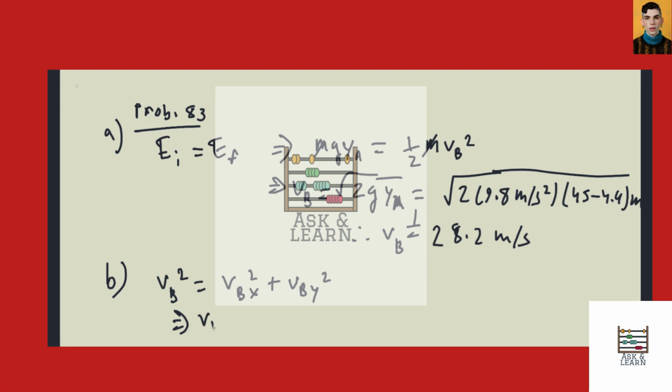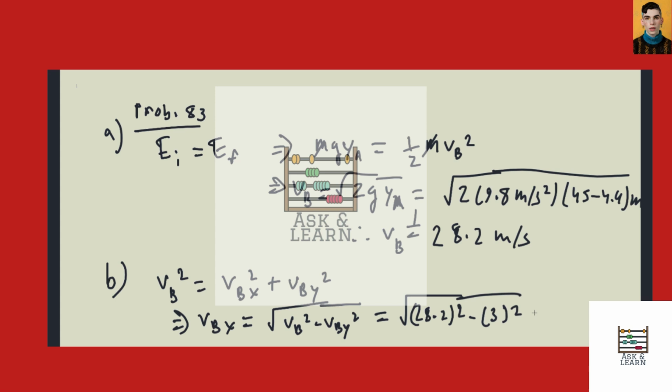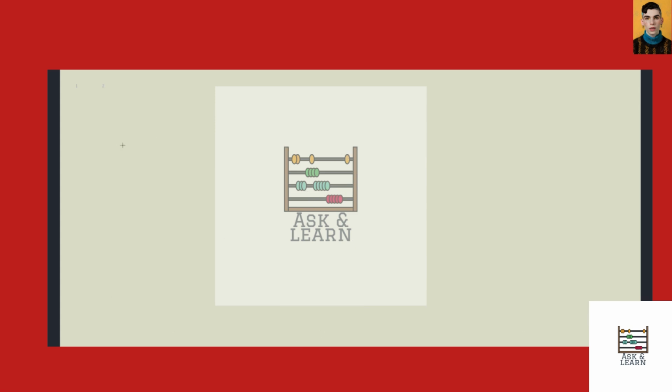Therefore, the horizontal component, VBX, is just square root of VB squared minus VBY squared. So this is square root of 28.2 squared minus VBY, which is said to be 3 meters per second, squared, and you get 28.05 meters per second as the x component of velocity at B.